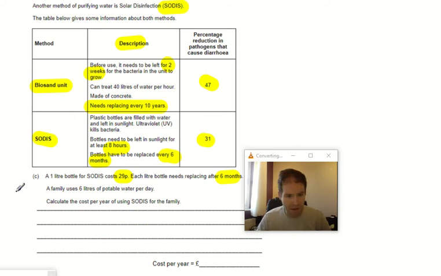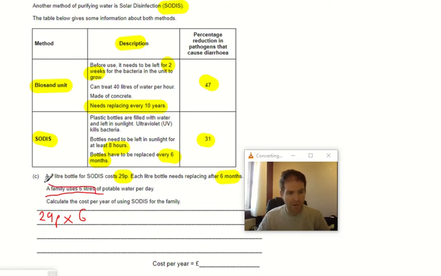So we need to have 29p. We times that by 6 because they use 6 litres. So a 1 litre bottle costs 29p, and the family uses 6 litres a day. Calculate the cost per year of this.